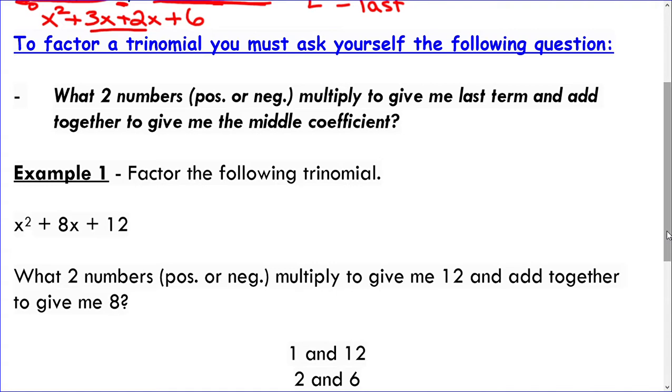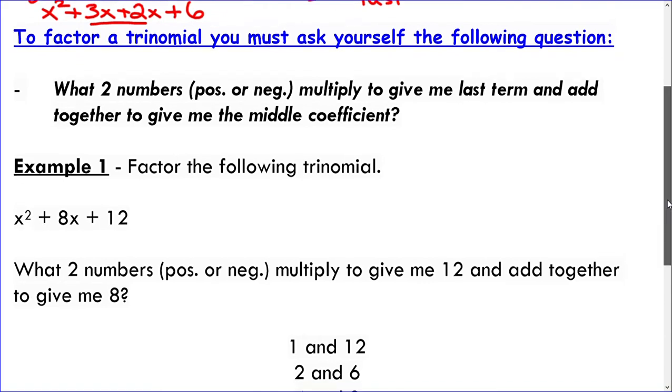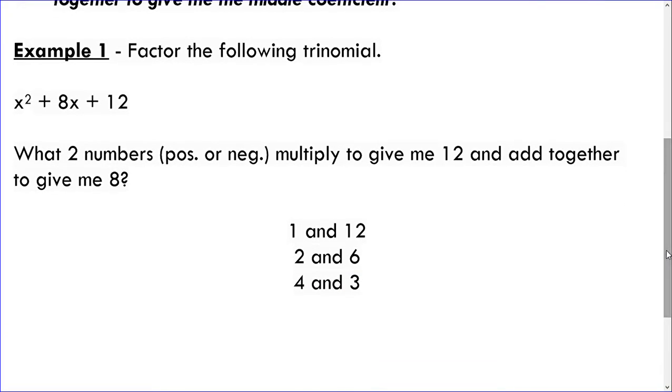So we're going to go through an example, x squared plus 8x plus 12. What two numbers, positive or negative, multiply to give me 12 and add to give 8?